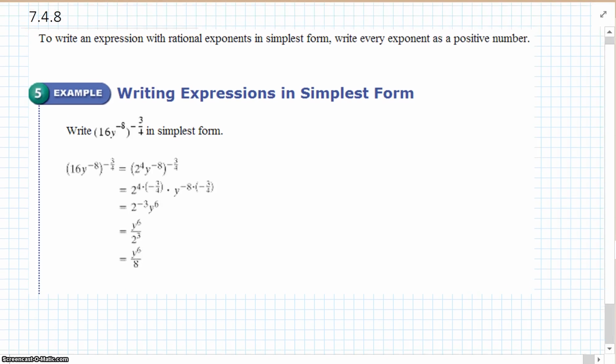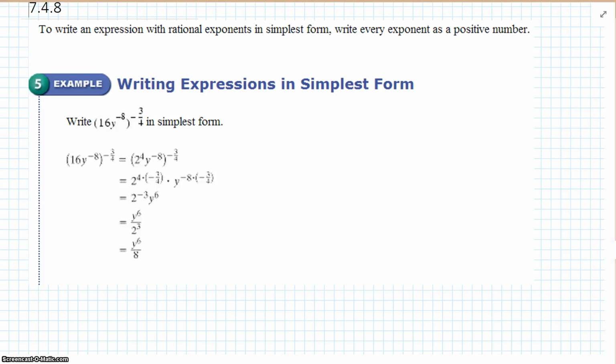To write an expression with rational exponents in simplest form, you must write every exponent as a positive number. Okay, so write 16y to the negative 8, all to the negative 3/4, in simplest form. First thing we're going to do is simplify the 16.